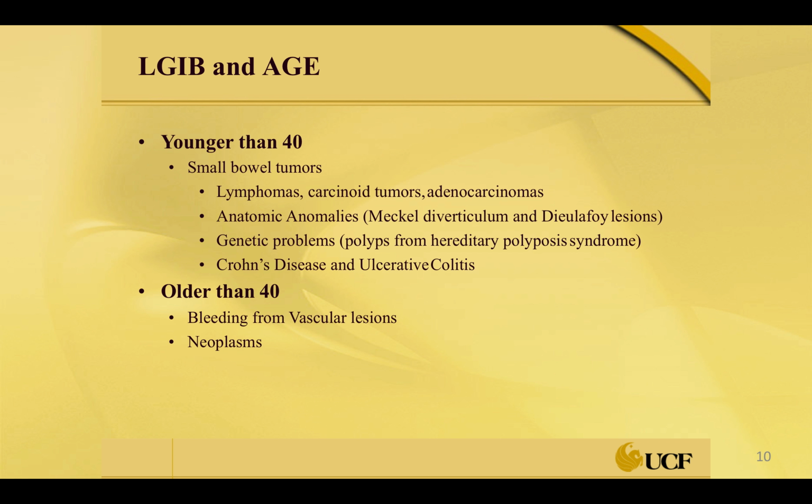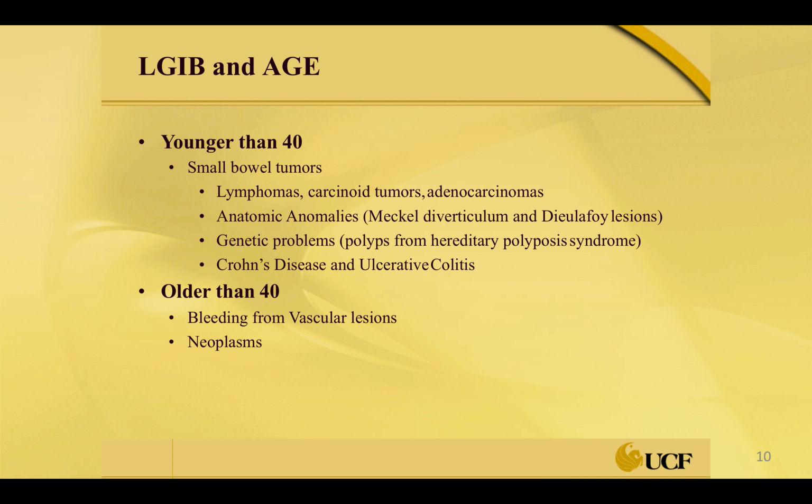So, what are the demographics? We see this in younger than 40 years old patients with small bowel tumors like lymphomas, carcinoid tumors, adenocarcinomas. We also see anatomic anomalies like the Meckel diverticulum or the Dieulafoy lesions.